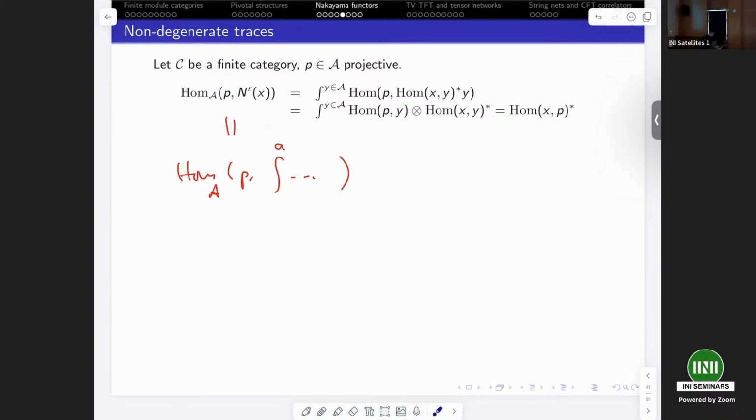We can write it in this form here, and then we can use the linearity of the Hom, and then taking a coend with something that contains a Hom, that's a useful form of the Yoneda lemma, you're getting just the other functor here. So what you're getting from just standard categorical manipulations is that this Hom space is the dual of this one.